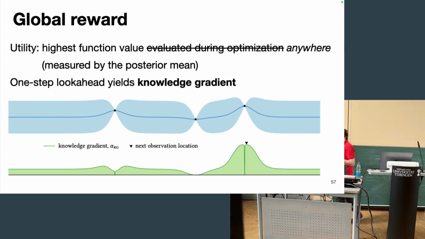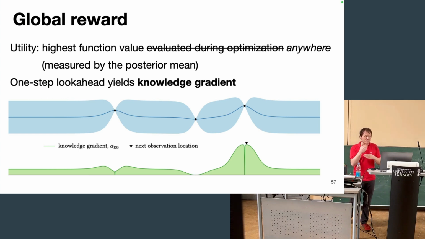But an alternative is the so-called global reward utility function. Whereas the simple reward utility function is only giving credit for finding higher values of the function at locations that you measure during experimentation, another way to think about that is that you're restricting this final recommendation to only the points that you measured during optimization.